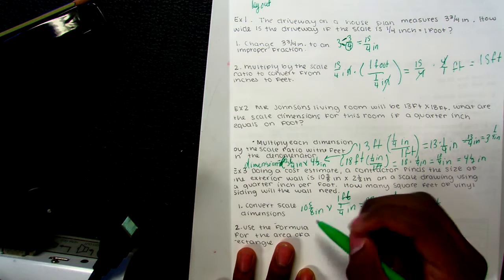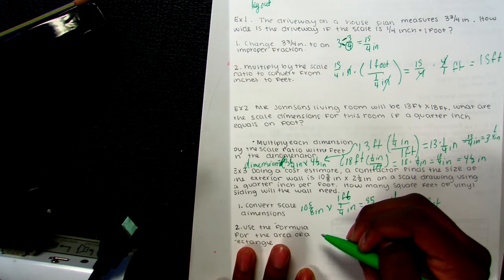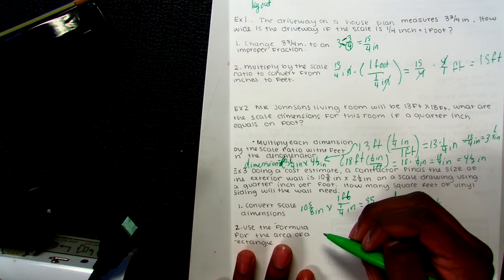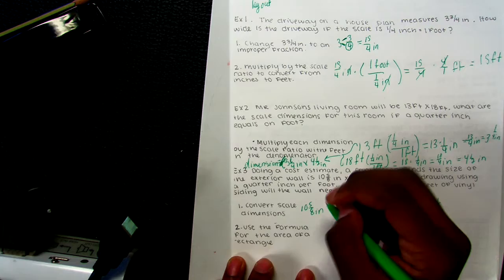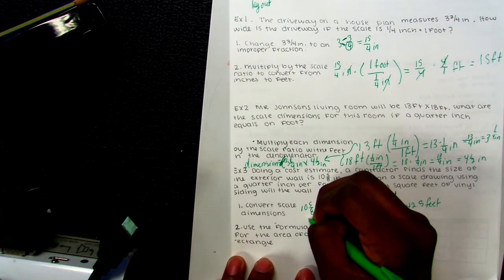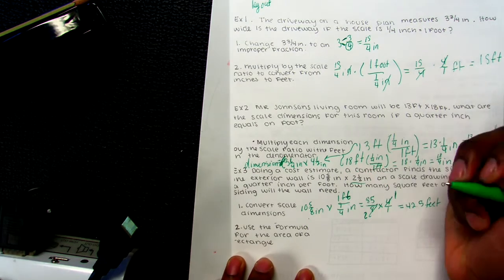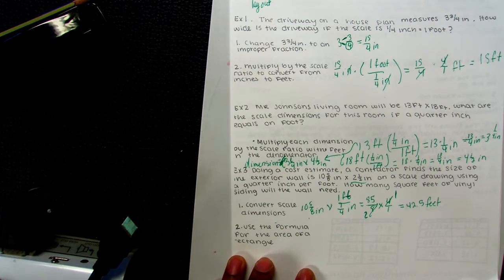Okay. Use the formula for the area of a rectangle. Oh, wait. Before we move on to that, we have to do the second one, which is 2.5 inches.